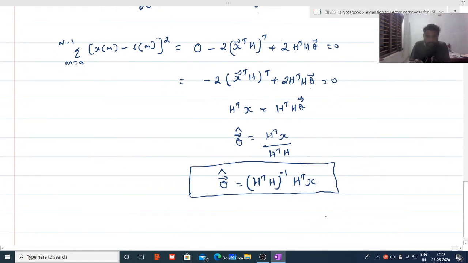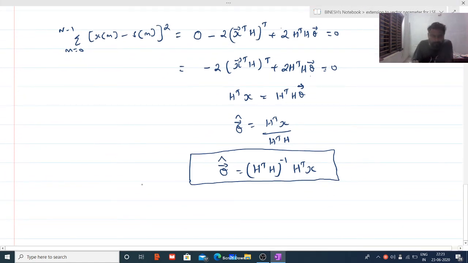Okay, so I can write J minimum as J of theta at theta equal to theta cap. Clear?